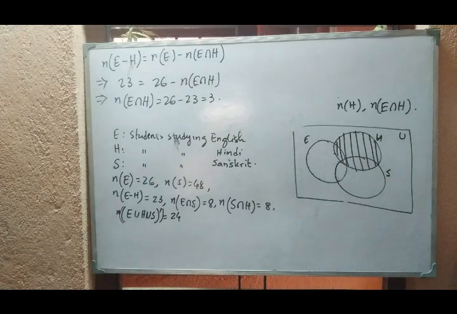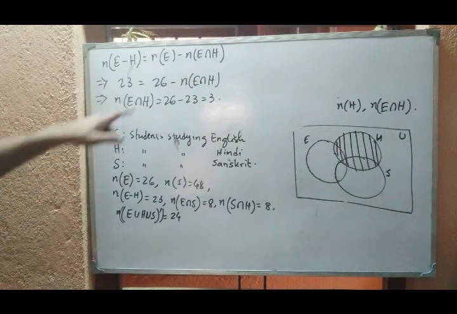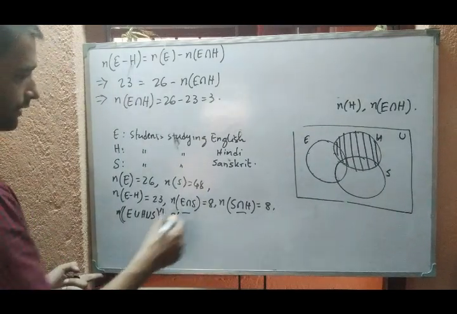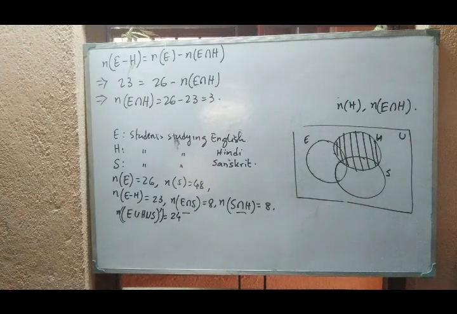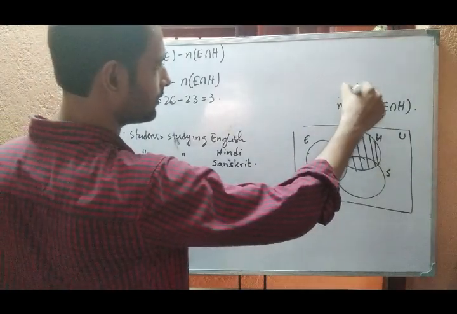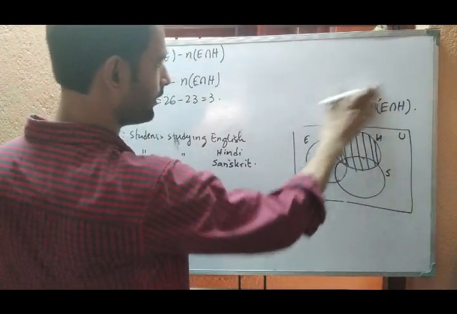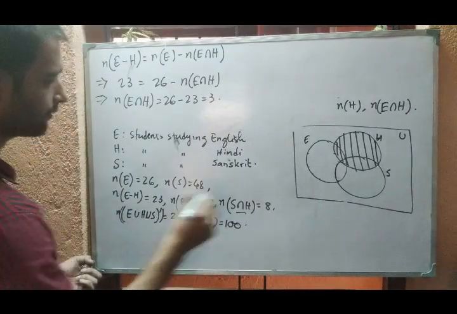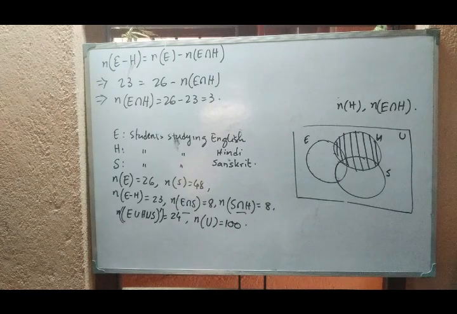And then you have to find n of H. So you have n of E intersection H, you have E intersection S, S intersection H. Okay, so do we have the total number of students? Yes. It is also given that the number of elements in the universal set is 100, because the survey was done for 100 students.